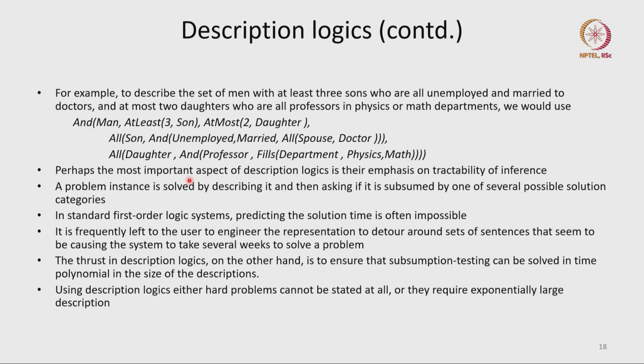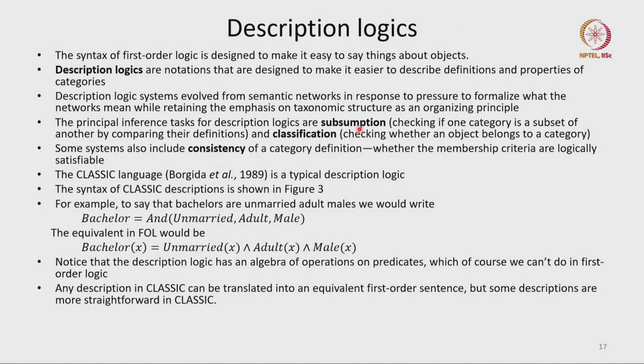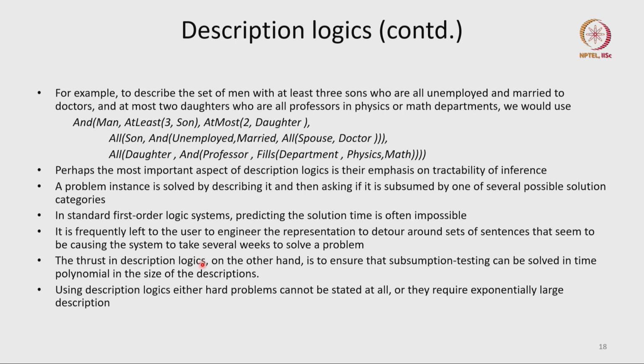What we said at the beginning, that is the subsumption checking and classification checking, are some things which are done by using the description logic. But using description logic, either hard problems cannot be stated at all, or they require exponentially large descriptions.